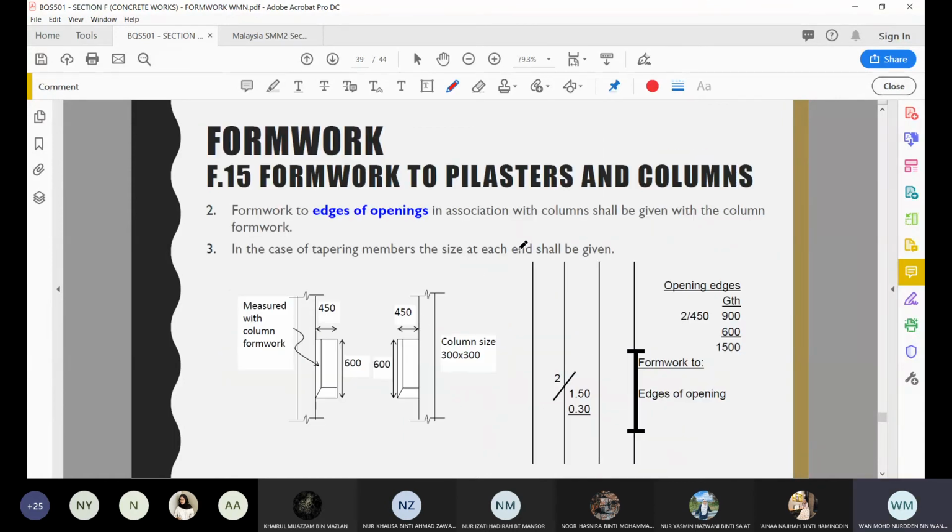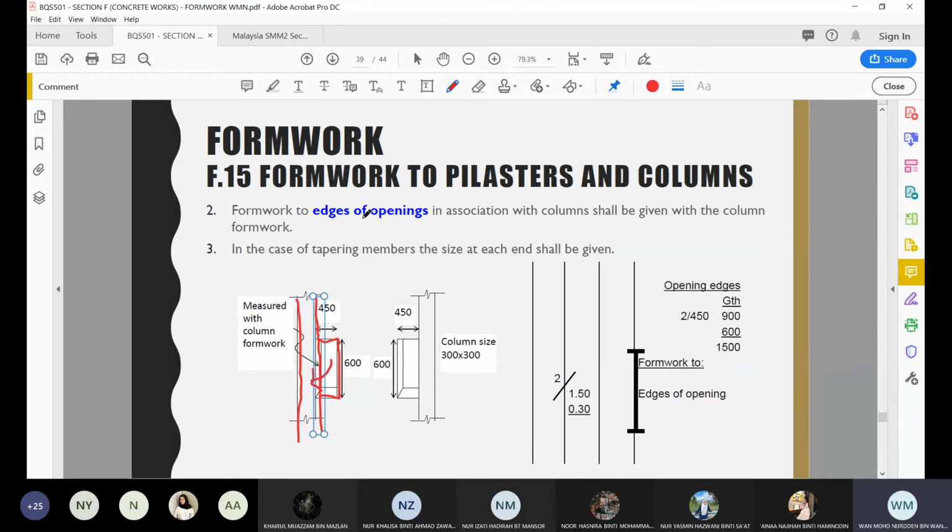Ni contoh. Number 2. Formwork to edges of openings in association with column shall be given with the column formwork. Maksudnya kita ada kolom. Okay. Jadi kita ada kolom, tapi kat tepi ni kita ada opening yang berdekatan ataupun bersebelahan dengan formwork.